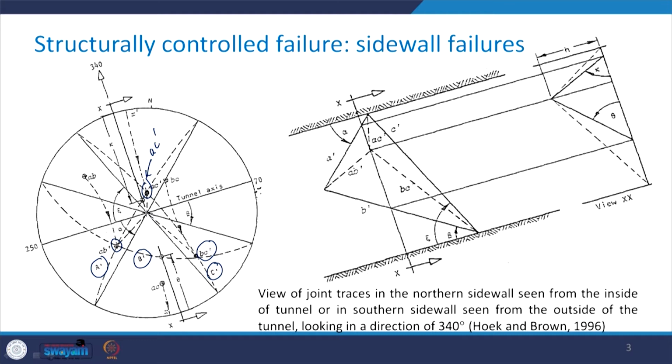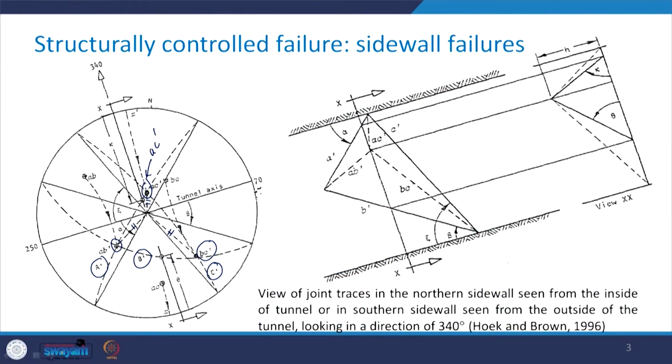Now just join these points with the center and you will get this dotted line and this dotted line. So the statement in the previous slide means that this line AC prime is parallel to the line here, BC prime is parallel to this, and AB prime is parallel to this line.